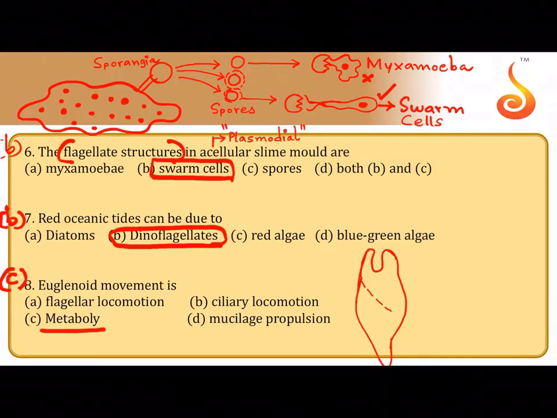In the pellicle, it has contractile protein strands which are helically arranged along the axis of the cell body, as you can see over here. These contractile proteinaceous structures are called the myonemes. Now these myonemes help the Euglena exhibit a wriggling, worm-like movement in its body, and that worm-like movement exhibited by the Euglena is referred to as metaboly. Okay?